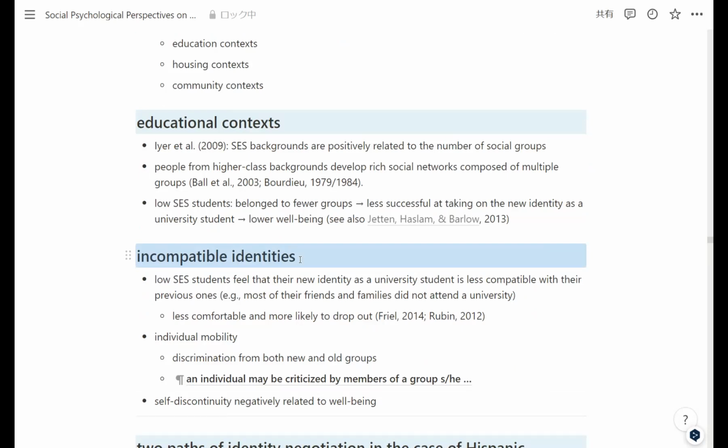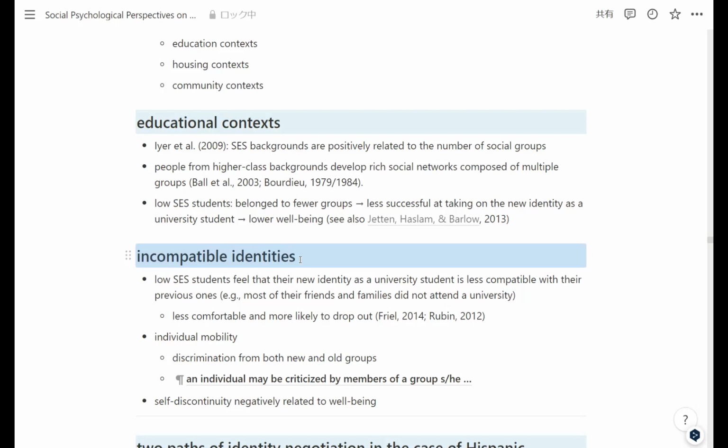Like, for example, when a child in a low status family gets into a university, and if this is the first time for their family to send their children to the university, then this child will experience incompatibility between the old identity and the new identity.